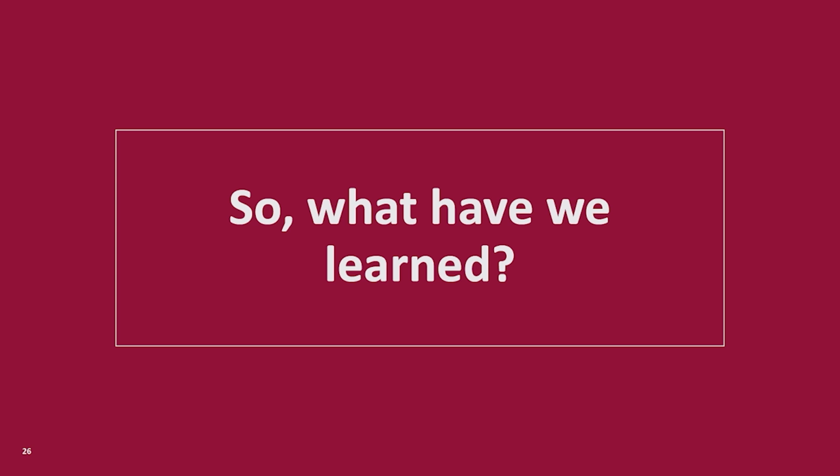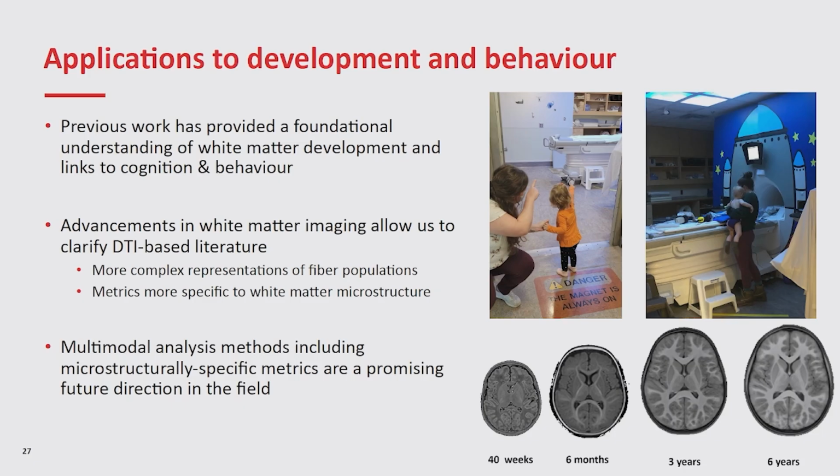So I'll wrap up there and summarize the talk by saying we have a really good understanding of white matter development trends across the whole developmental period and the general trends in links to cognition and behavior, which I hope I've established for you. The majority of this is based on the diffusion tensor, which is great. It's very useful. Obviously, it's been used a lot in the past.